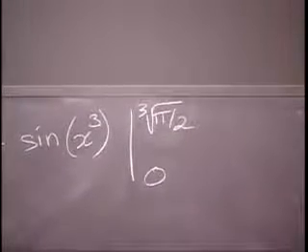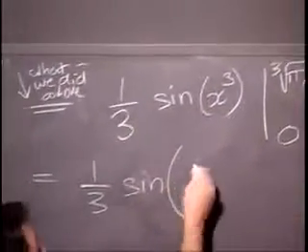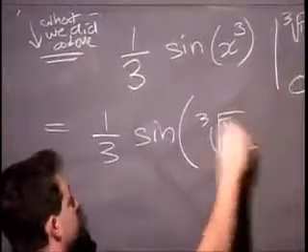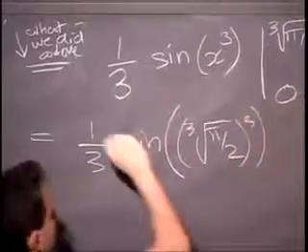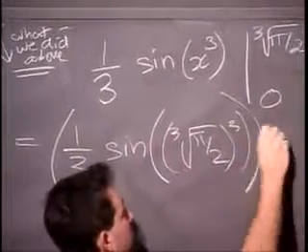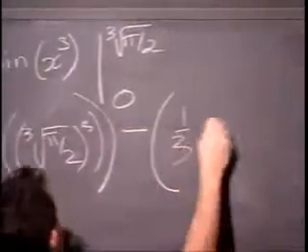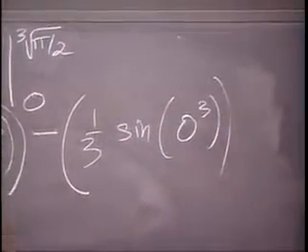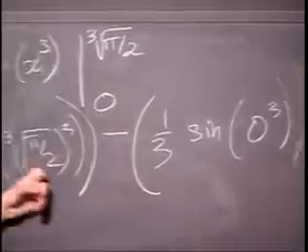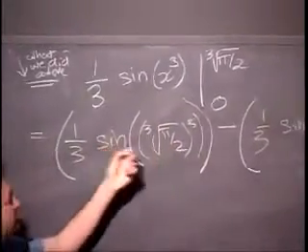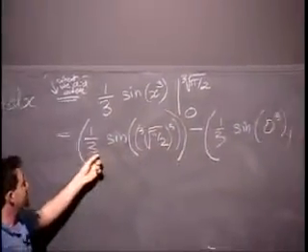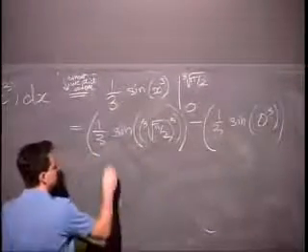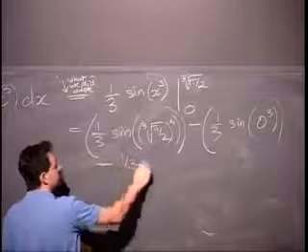You get 1/3 sine cube root of pi over 2 all cubed, minus 1/3 sine 0 cubed. And of course, cube root of pi over 2 all cubed is just pi over 2. Sine pi over 2 is 1. And 1/3 sine 0 is nothing, so this is just 1/3.